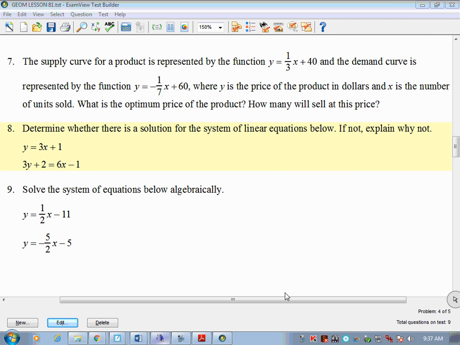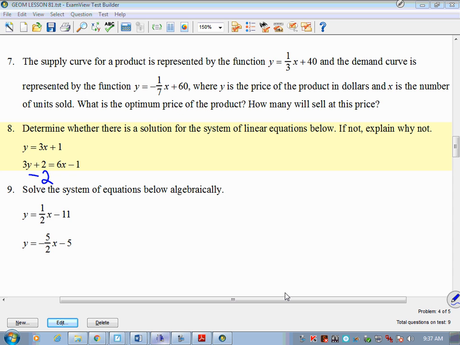All right, number 8, determine whether there's a solution to the system of linear equations below. If not, explain why not. Okay. Are both of these equations ready to go, or do I need to do something? Change the second equation to what? Okay, what do I need to do?